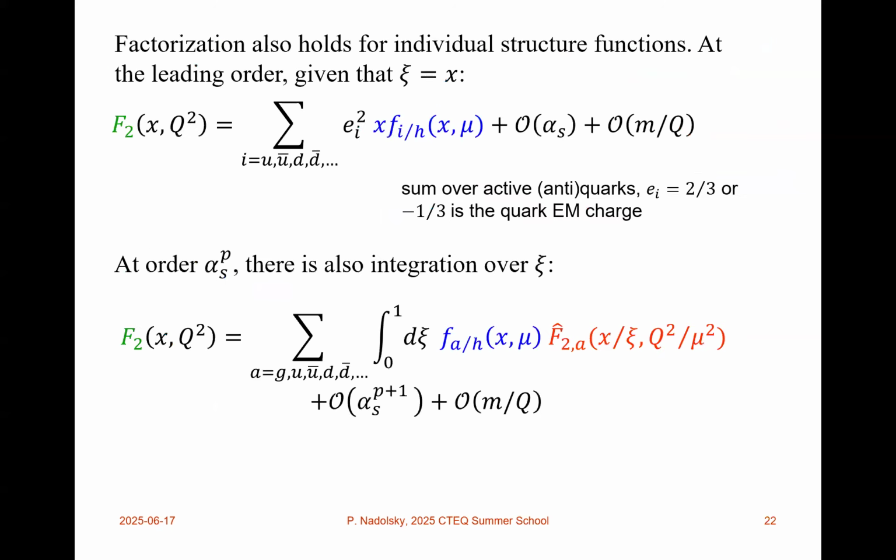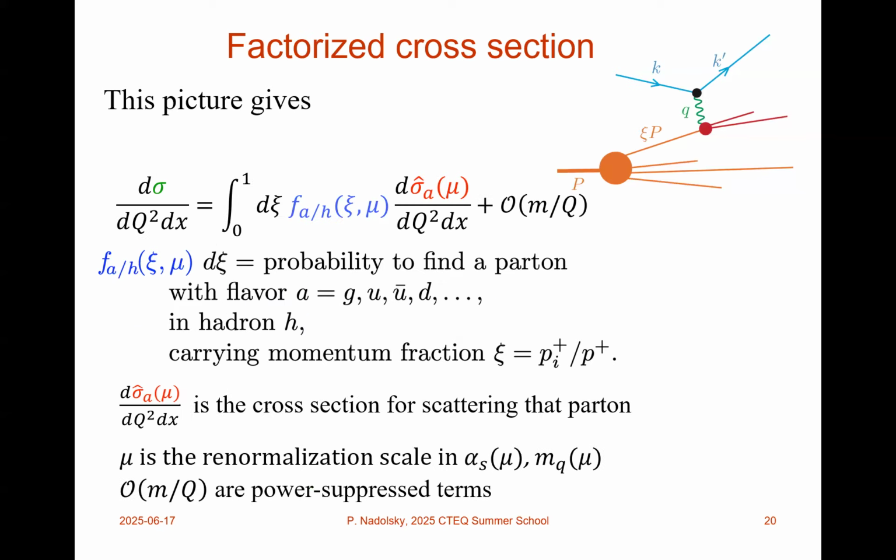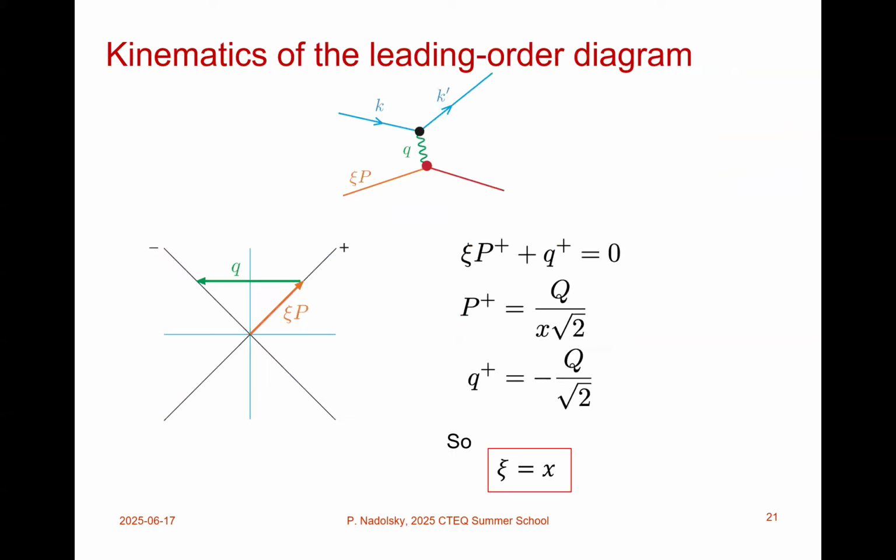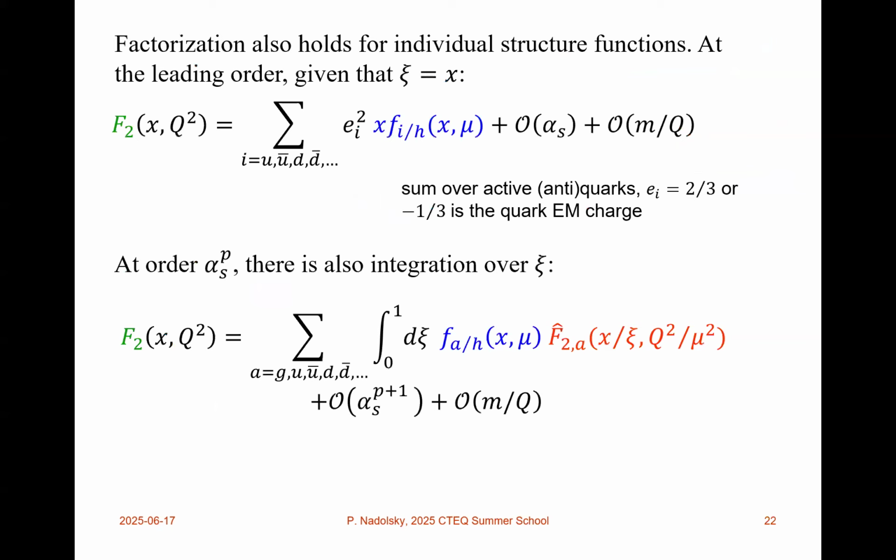Okay. So then also here I wrote the expression for the cross section. But I would like to point out that the cross section is constructed from the structure functions, so the factorization also holds for the structure functions. Here I wrote an expression, for example, for the structure function F2.